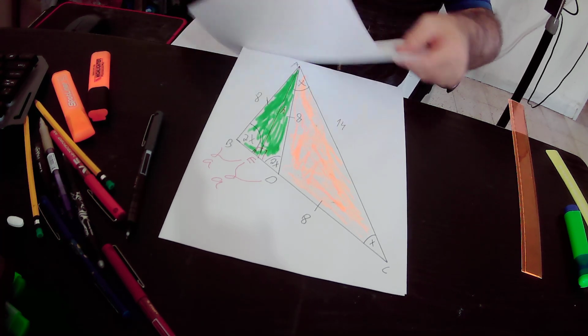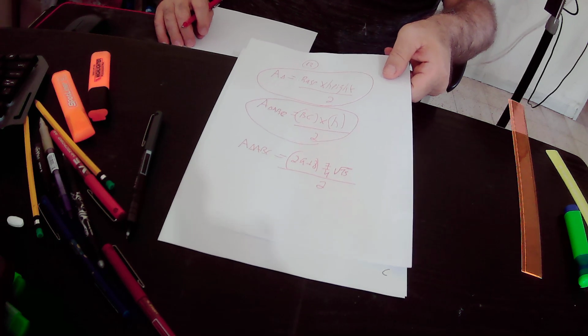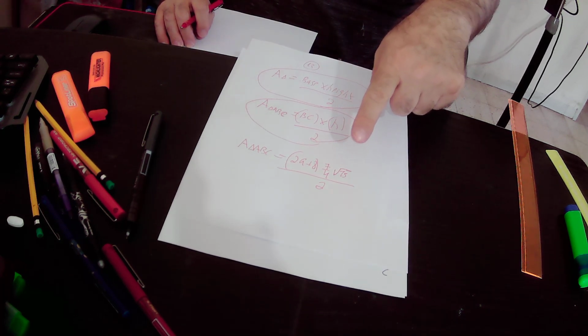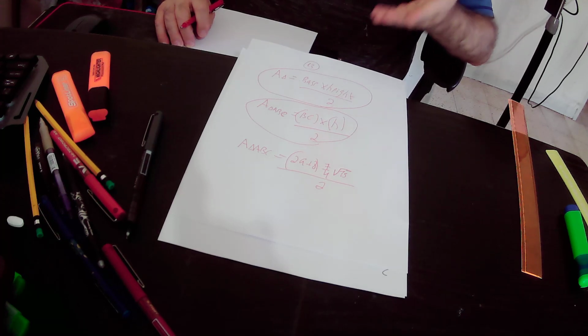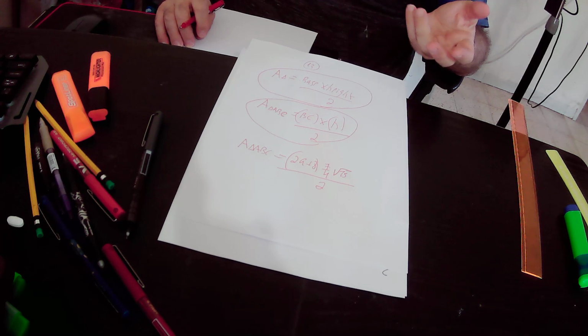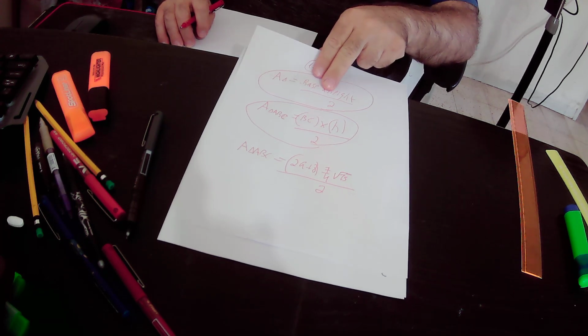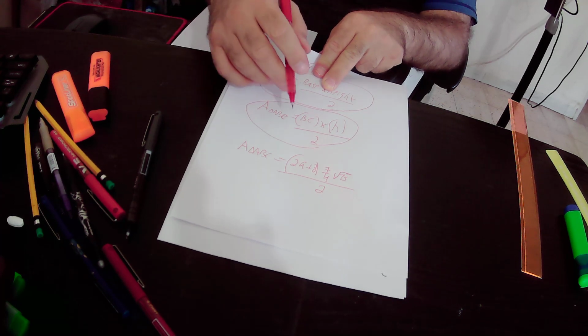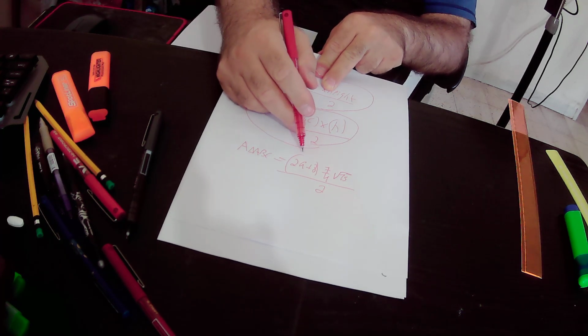So the area of triangle ABC equals 2 times a plus 8 times 7 over 4 times root 15 over 2. We have already found out that a equals 17 over 4 units. So we have all the data in order to find out the area. We will substitute a by 17 over 4 units.